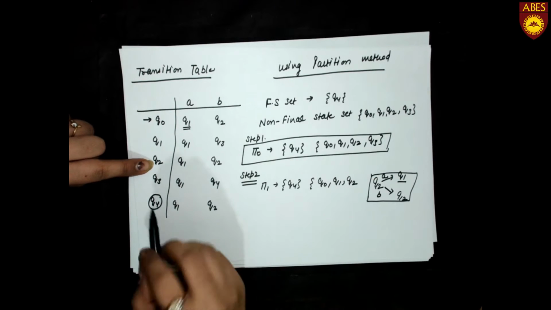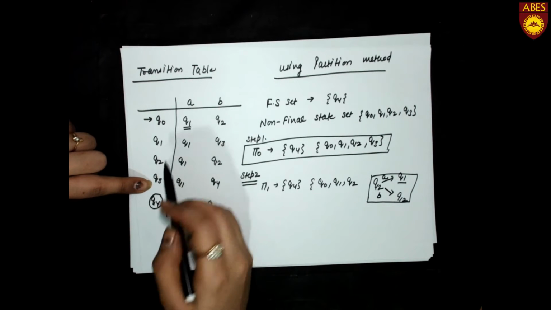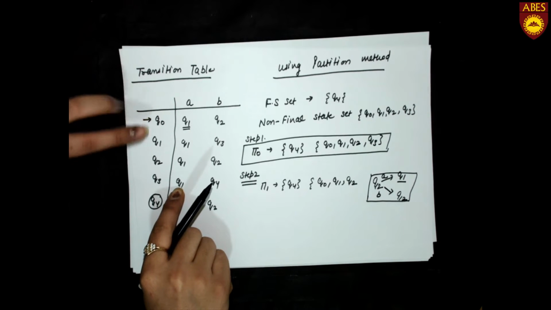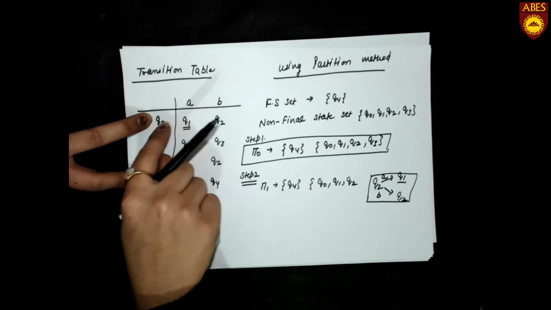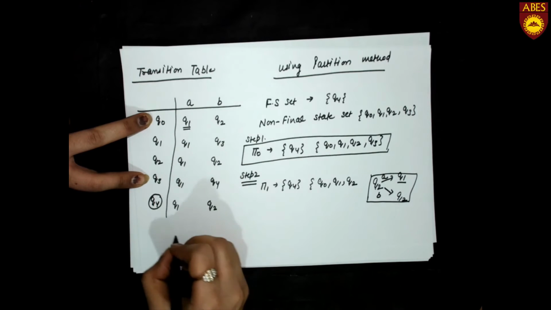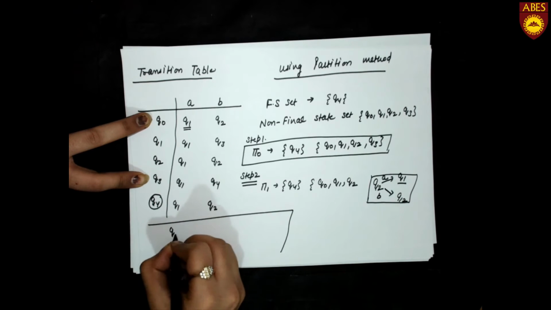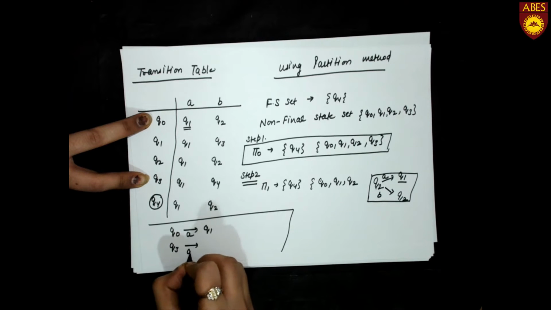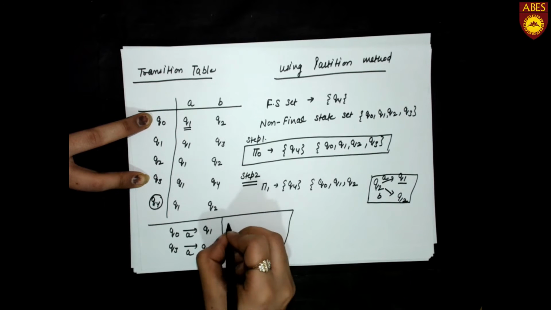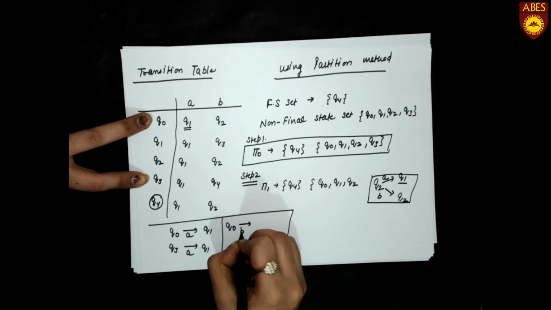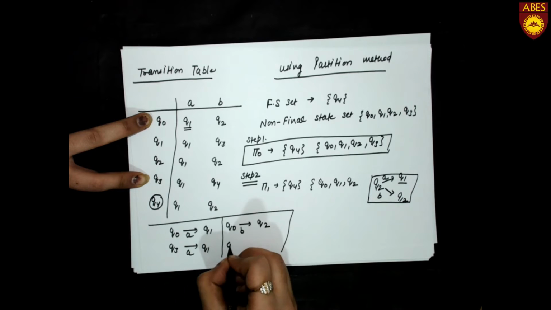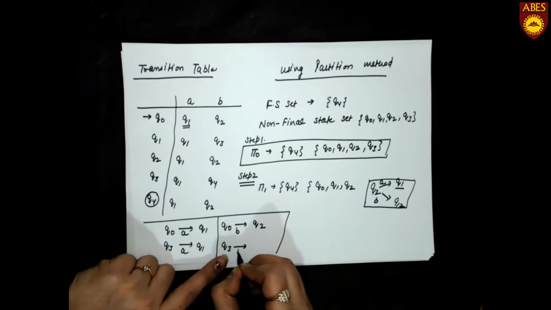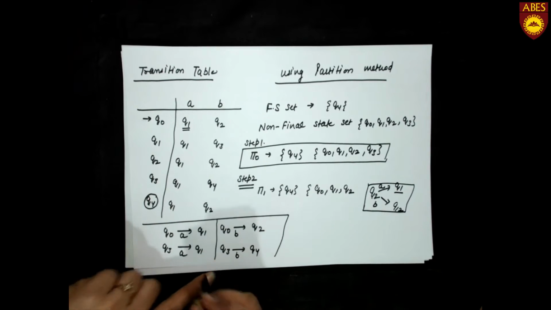Now Q3. In case of Q3, when we apply input A, the output is Q1. We are taking the relationship between Q0 and Q3. For Q0, input A gives output Q1. For Q3, input A gives output Q1. In the same way, for Q0, input B gives output Q2, and for Q3, input B gives output Q4.